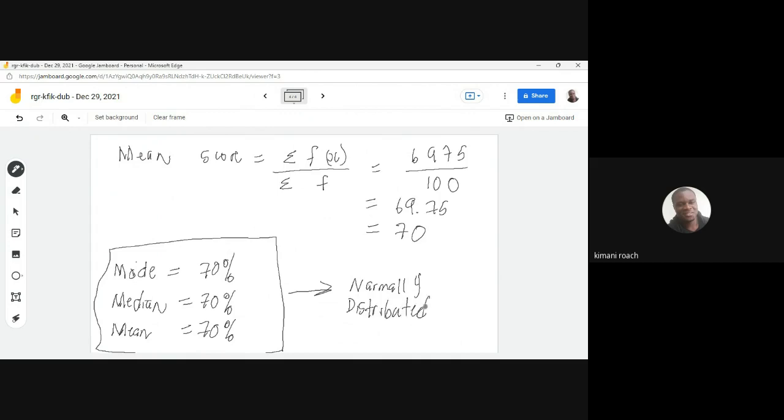Right? And this is one of the things, the normal distribution, that we work with in everyday life. And you're going to see that a little bit more as we construct our normal distribution table.